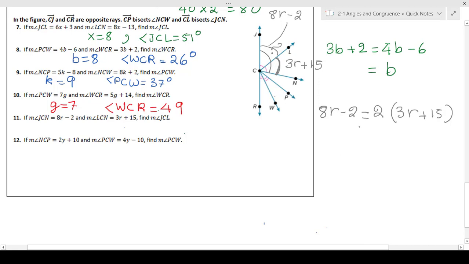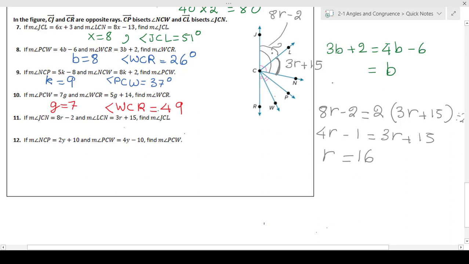Then it's easy to divide all of the items by 2 first to make the equation easier. So 8R divided by 2 will leave me with 4R, minus 2 divided by 2 is 1, equals 2 divided by 2 is 1. So I have my bracket as it is without multiplying by anything. Now, I put the r's together. This will move to the other side by negative 3r. So 4r minus 3r will leave me with an r, equals 15 plus 1, because it's moved to the other side, so it will be equal to 16.